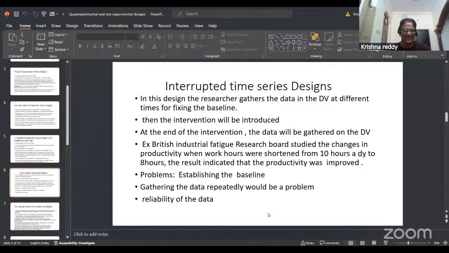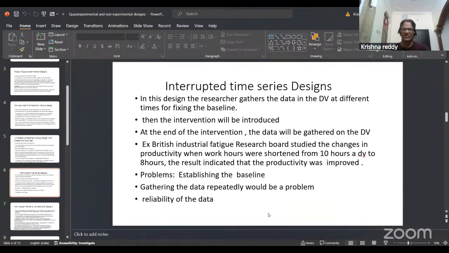So there is no reason at all to have this 10 hours of work. They reduced the hours from 10 to 8 and compared the output. Finally, the 8 hours work schedule gave very good results compared to 10 hours. That is because this was done only after finding out the baseline.